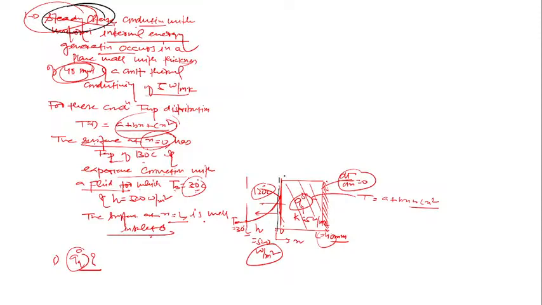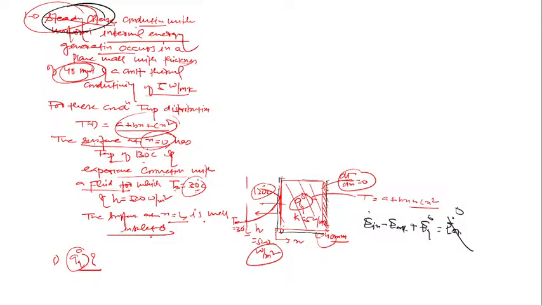If you go for an overall energy balance, then E dot in minus E dot out plus E generation is equal to E stored. Since it is steady state, no storage is there.